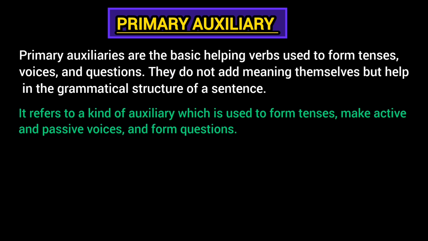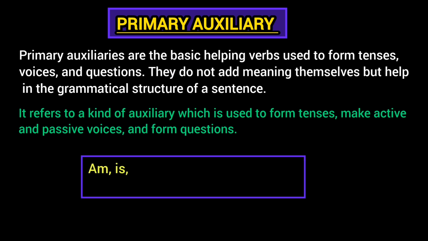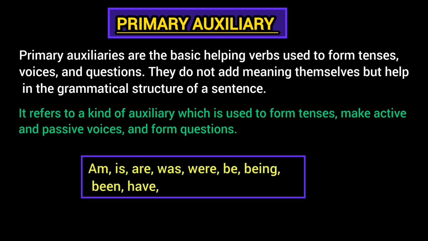And it helps to show us tense and form active voice or passive voice or make questions. Basically, look at this list of primary auxiliary, and it is going to make your understanding easy. I think you are not getting the point. Just look at these examples.